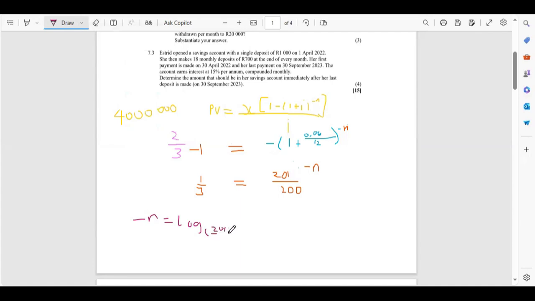This would be the base of my log. And my exponent should be whatever that's on the other side. So what's on the other side is 1 over 3.